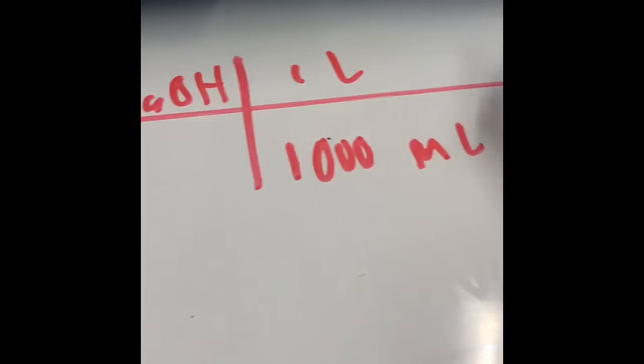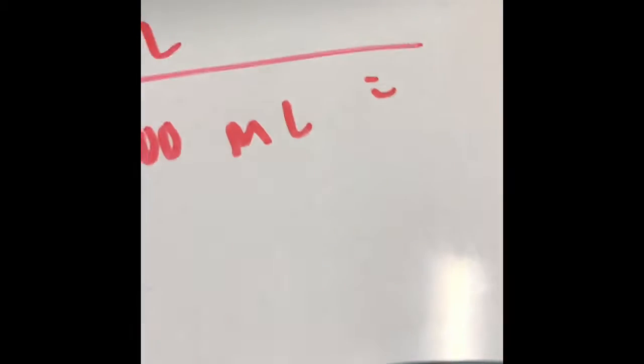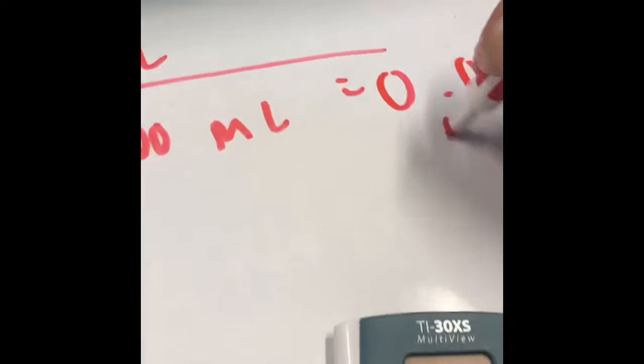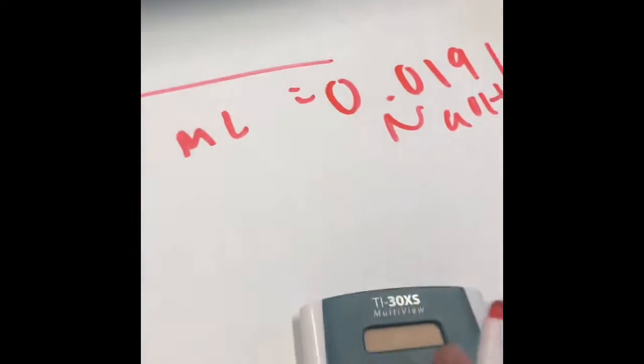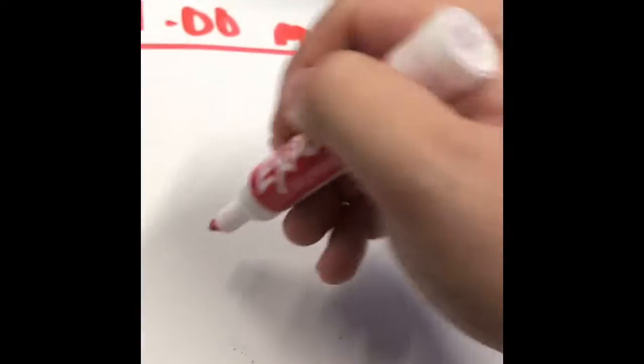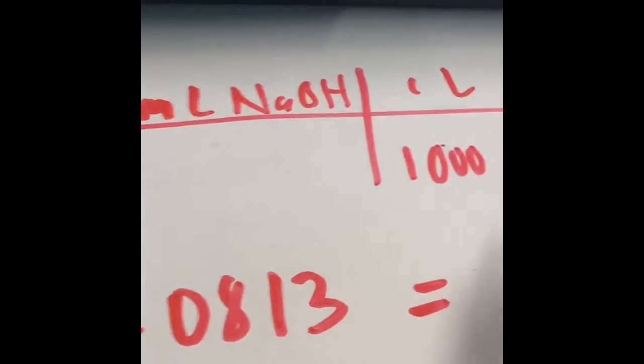So first we convert this to liters, and we get 0.019 liters NaOH. So we take this number, along with the molarity that was given to us, 0.0813, and we plug it in.